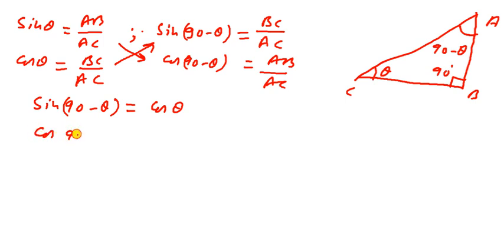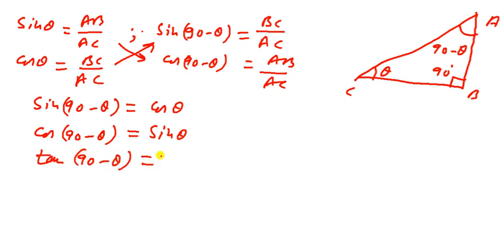So as you have seen, this one is changed like this, so we can say sin 90 minus theta is equal to cos theta. It is your first formula. And cos 90 minus theta, that is sin theta.